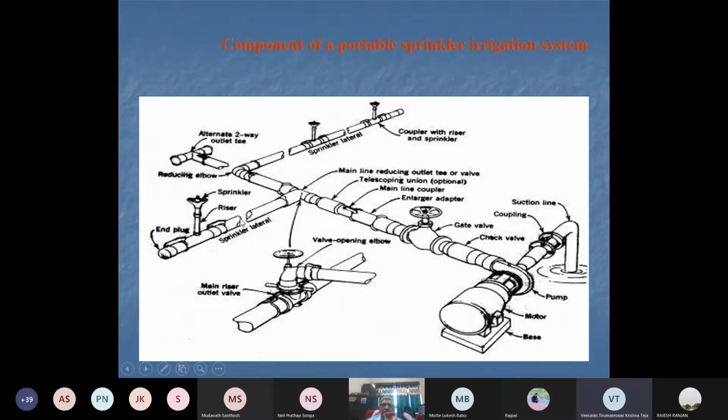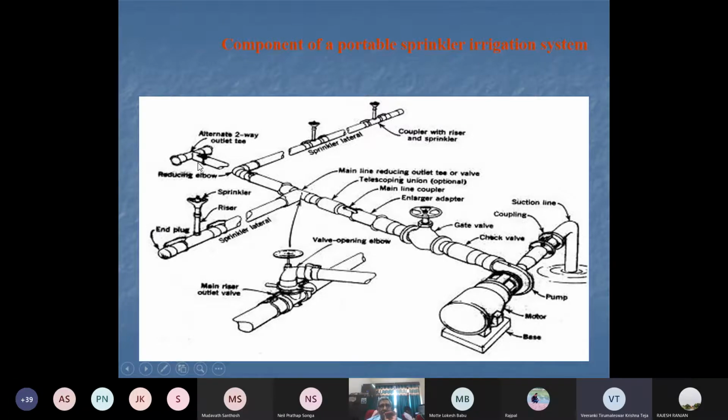So this is a lateral pipeline, and in order to terminate the lateral pipeline, an end plug is provided. Then it goes to the main pipeline, and if you want to supply water in another direction, an elbow is used, that is a 90-degree bend. These are now available in a variety of materials.